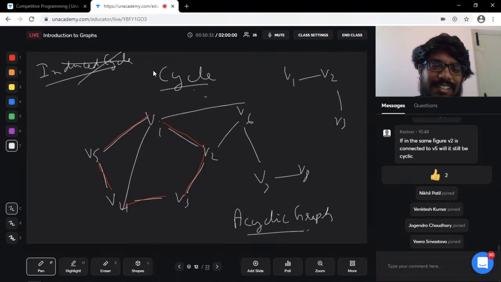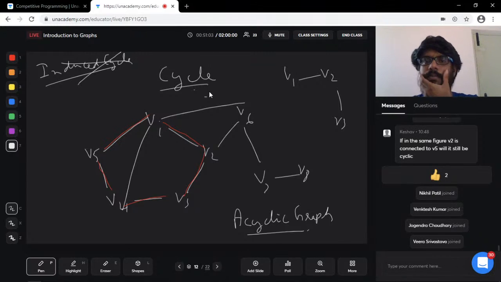Cycles are the reason for a lot of headaches in graph theory. If a graph doesn't have cycles, a lot of things become very nice. It just becomes an easy problem most often when the graph doesn't have cycles in it. This will probably become clearer to you in the next few sessions as well, but we'll not get there right now. So the definition of cycle is this.